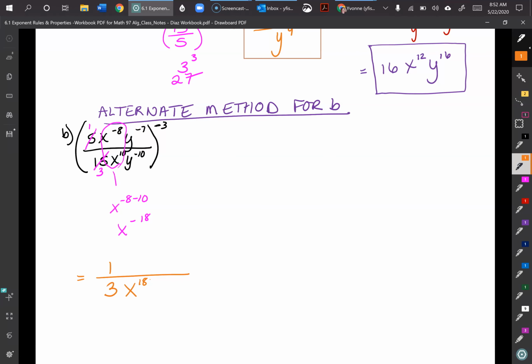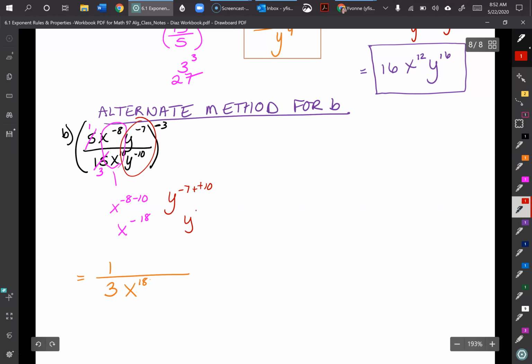So then I'm going to do the y's. -7 minus 10, which is really like plus, right? So that's going to be y cubed, and that's going to be up top.